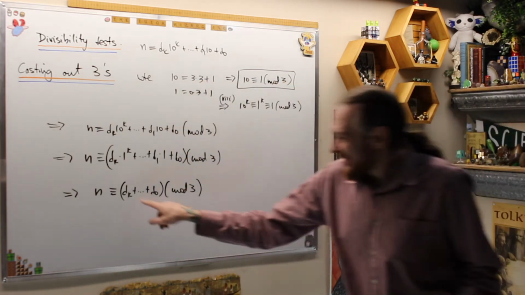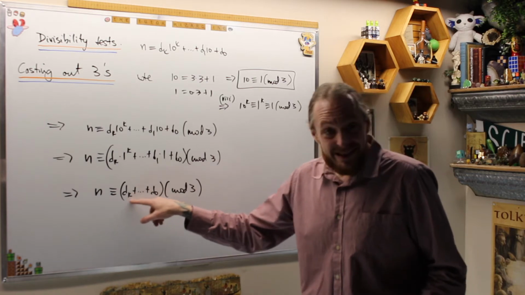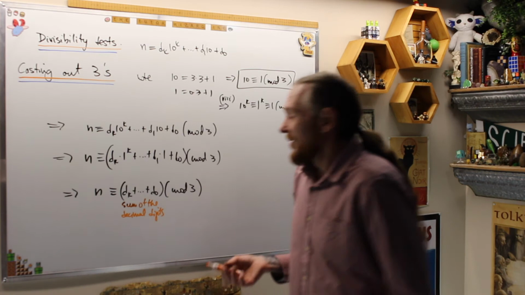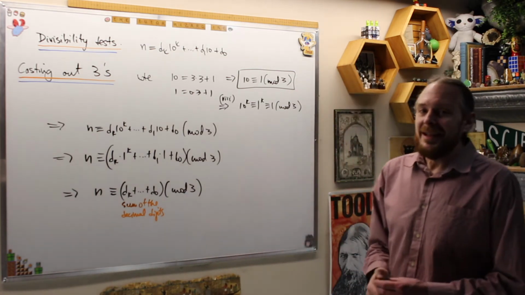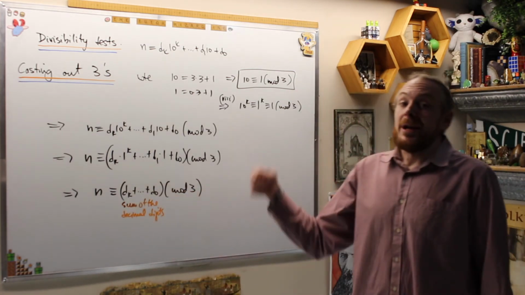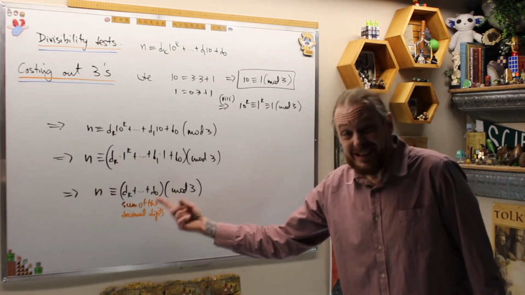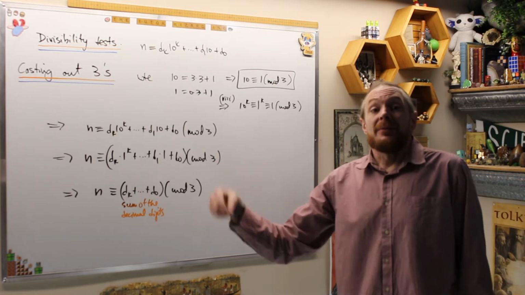What are these things called? Decimal digits. What is this? The addition, or the sum, of these. So this is the sum of the decimal digits. The sum of the decimal digits is congruent to n when I divide by 3. What does that say? N and the sum of its decimal digits leave the same remainder when I divide by 3.